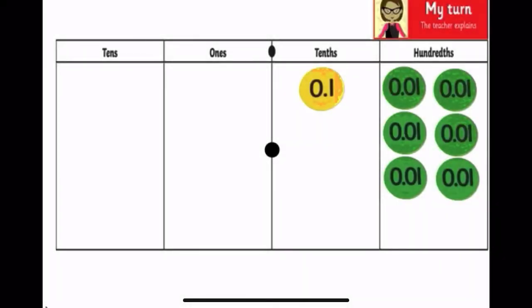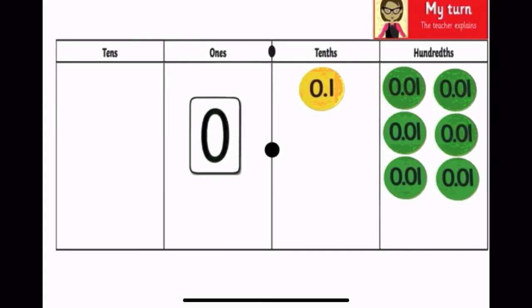Now let's have a look at another one. So here we've got another My Turn, and this time we haven't got a fraction written here at the bottom of the screen now. So I need to really think about the value of these place value counters. So I can see that I have 1 tenth, and I can see that I have 6 in the hundredths column. So I'm going to use my 0 card here because I don't have any ones.